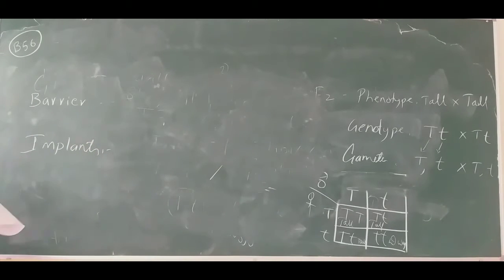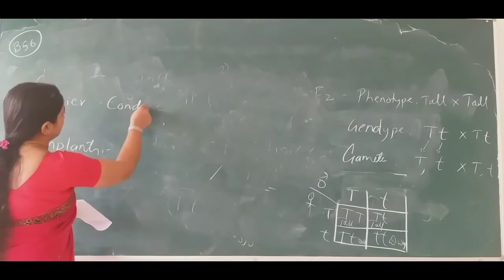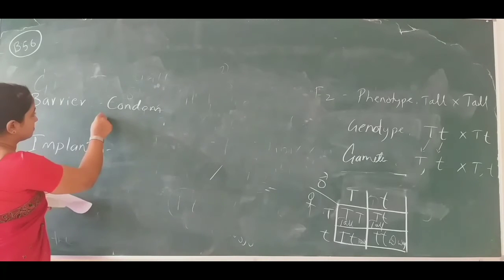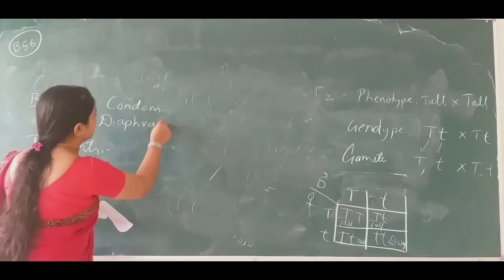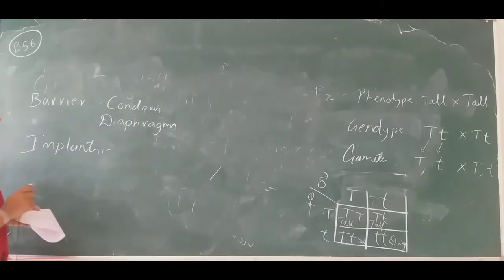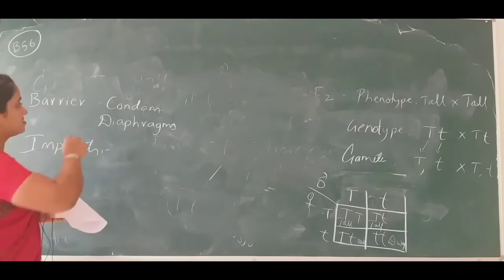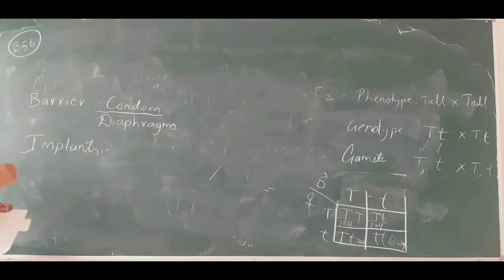The two barrier methods are condom and diaphragms. So you have to expand these, or write a brief note on the two barrier methods.